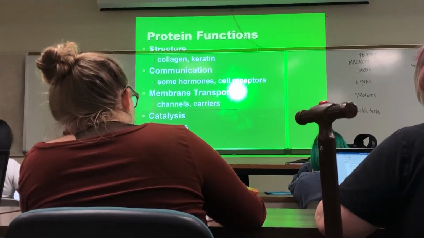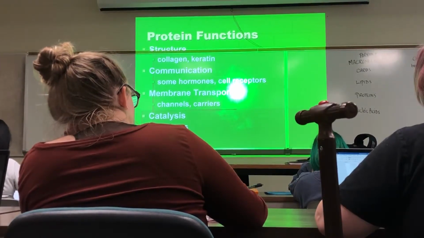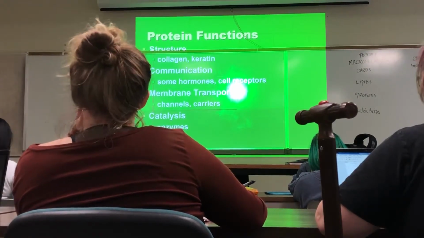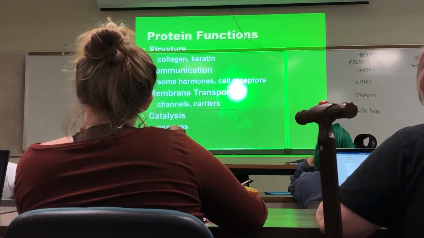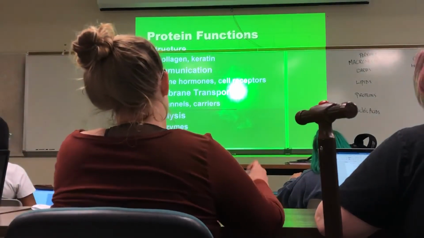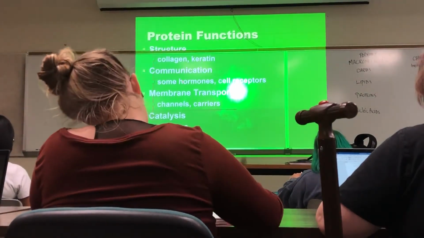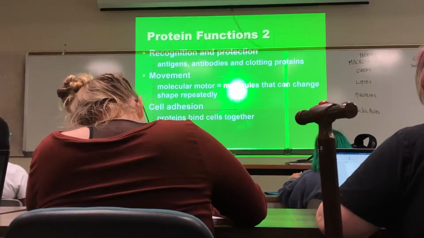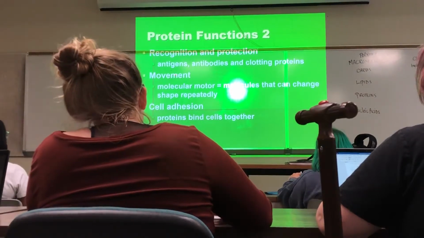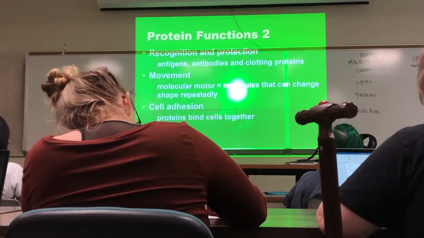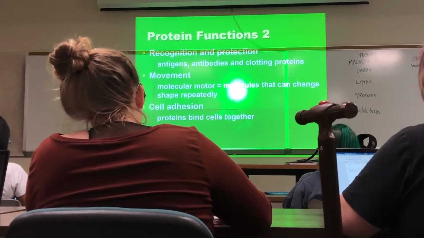You do not have to write all of these down, and we will talk about all of these eventually. But in your function column for proteins, we can say they're involved with structure, communication, transport, enzymes, oh, we're not finished, recognition, movement, cell adhesion, it can go on and on.